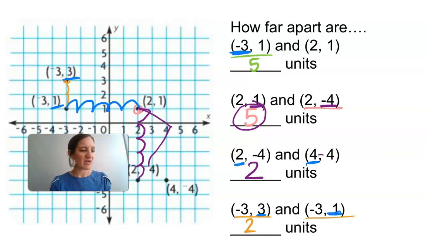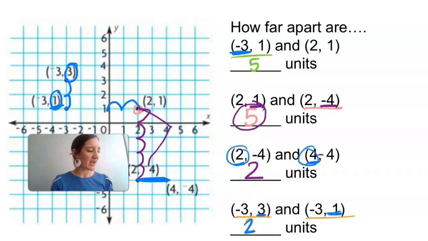And 3 and 1 doesn't equal 4, does it? That's only 2. Oh, but look, 3 minus 1 equals 2. Is that true with this one? That one right there was 2 and 4, huh? Yeah, and 4 minus 2 does equal 2. And this was 3 minus 1, and that equaled 2 also.